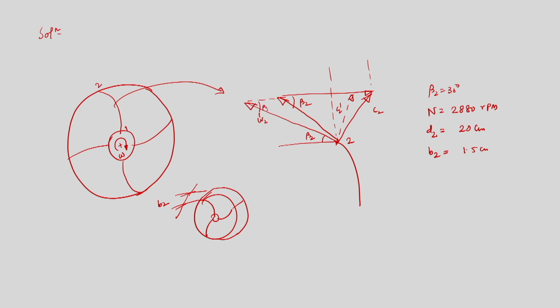So, this will be beta 2 dash. As we have discussed, the angle changes from beta 2 to beta 2 prime because of the resultant force acting on the forward surface of the blade, which is responsible for the deviation of actual head from the Euler head, the head predicted by the Euler equation.